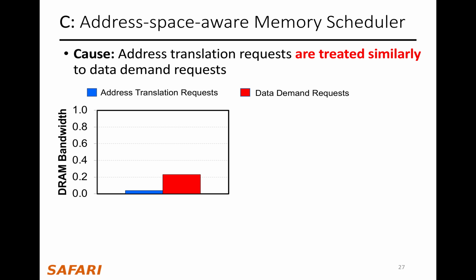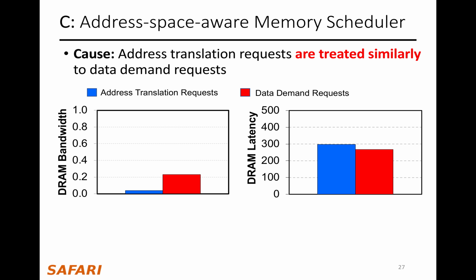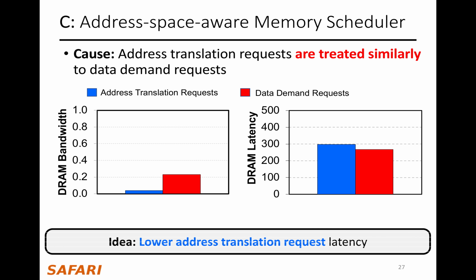As you can see here, data demands consume much higher bandwidth than address translation requests on average. But if you look at the DRAM latency suffered by address translation requests, you can see on the y-axis of this plot that these translation requests actually suffer higher memory access latency compared to normal data demand requests. So the idea is we need to be able to lower this address translation request latency.